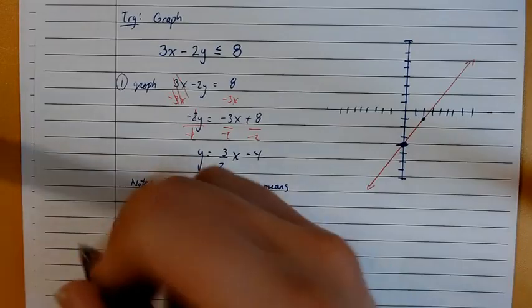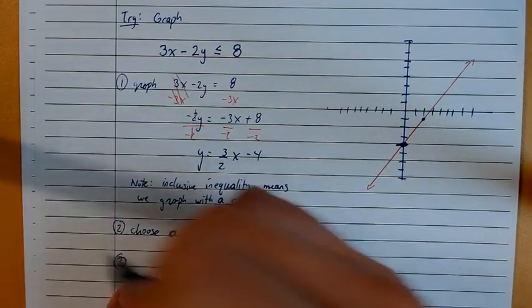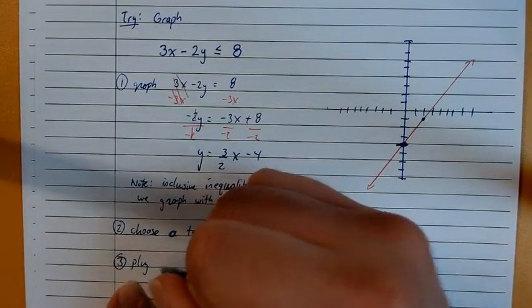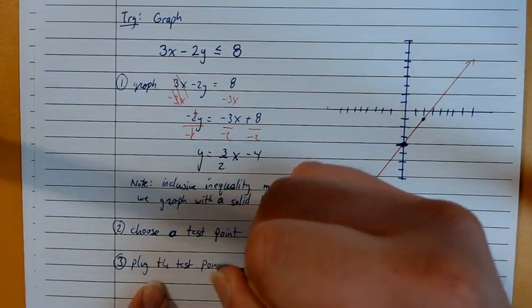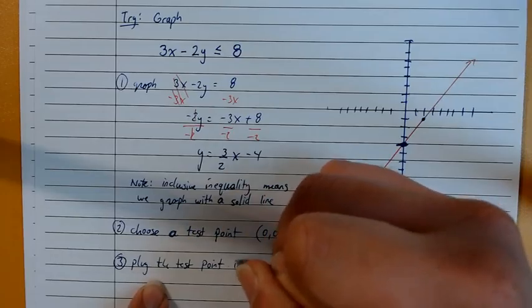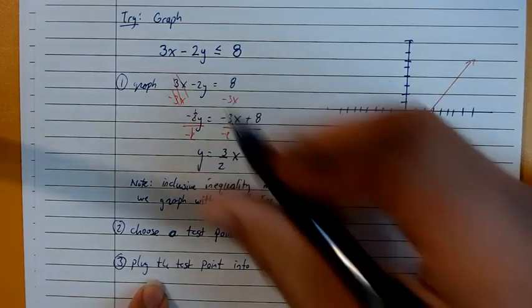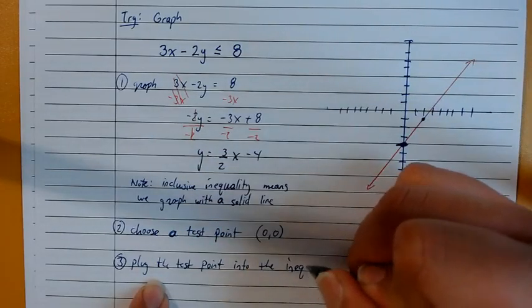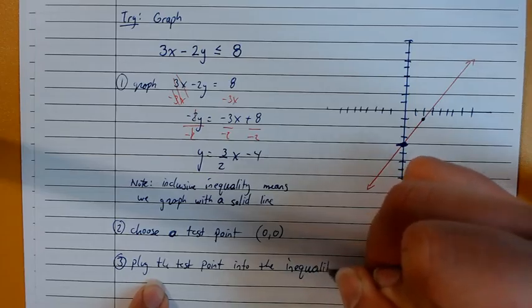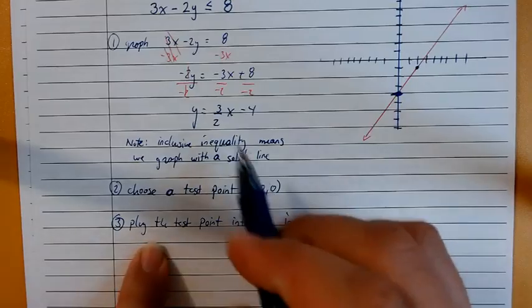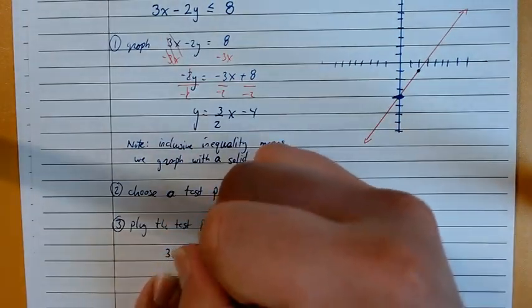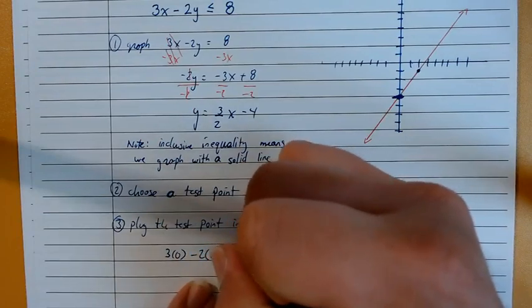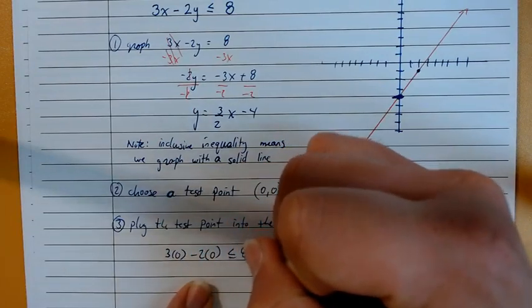So now we want to plug that in. As our next step, plug the test point into the inequality. So that's a 0 and that's a 0. 3 times 0 minus 2 times 0 is less than or equal to 8.